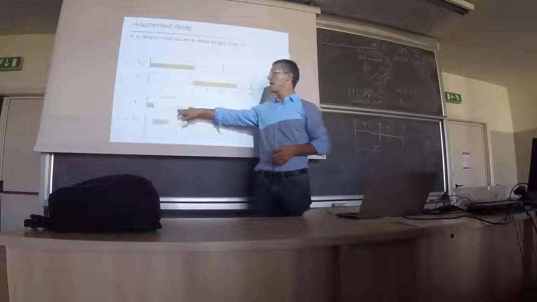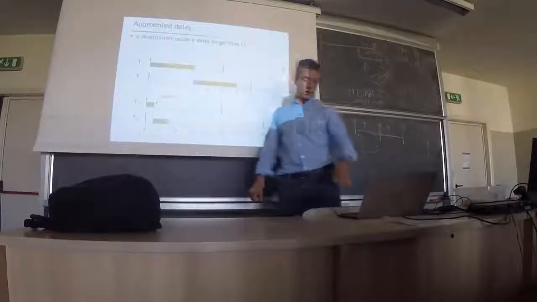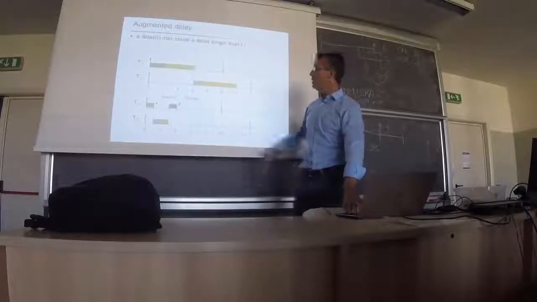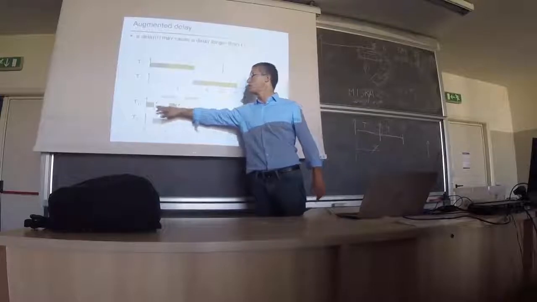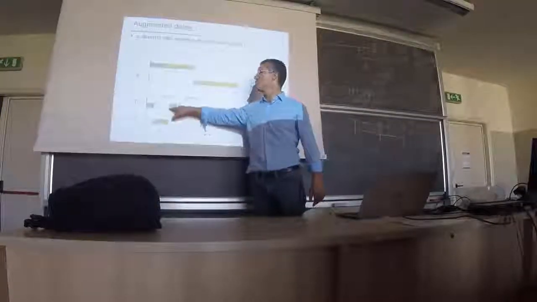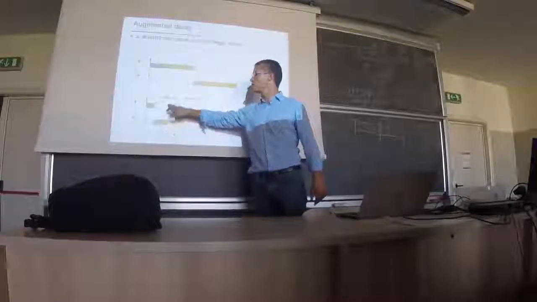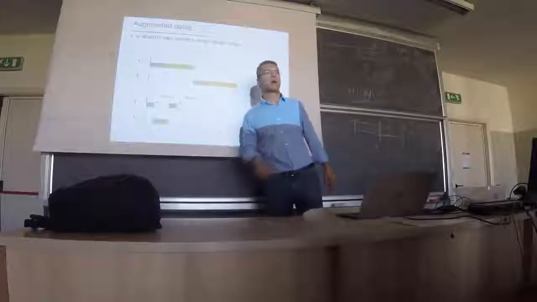Since it suspends itself, tau 2 may go on executing. When these 2 time instants are over, this guy wakes up and preempts tau 2, which already locked the resource, so that when this guy requires the resource, it can no longer access it.